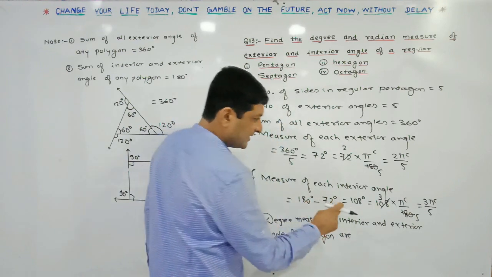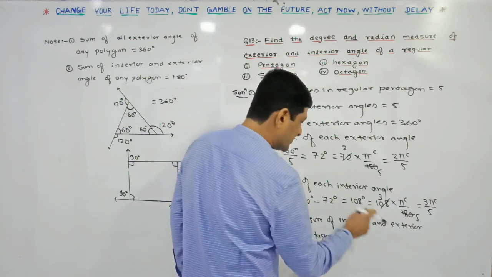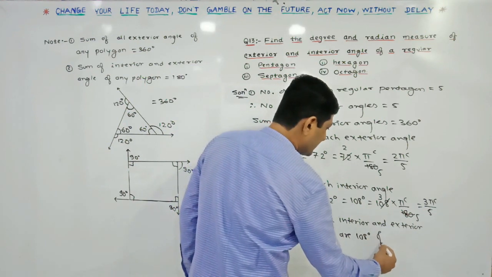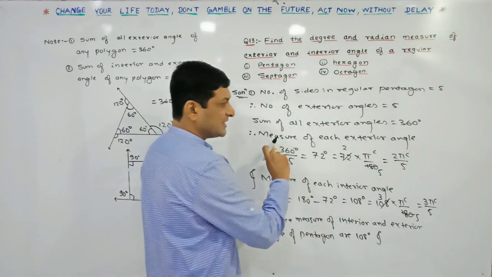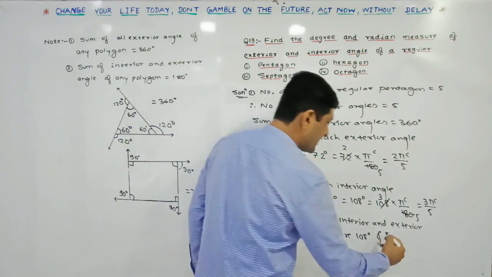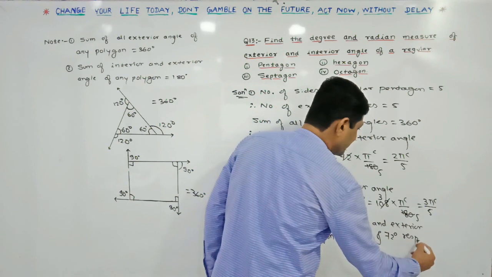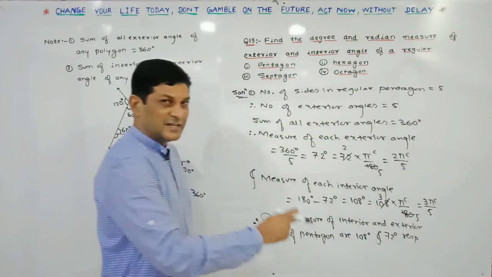The interior angle is equal to 108 degrees, and what is the degree measure of the exterior angle? 72 degrees, respectively. So in this way we have seen the degree measure.